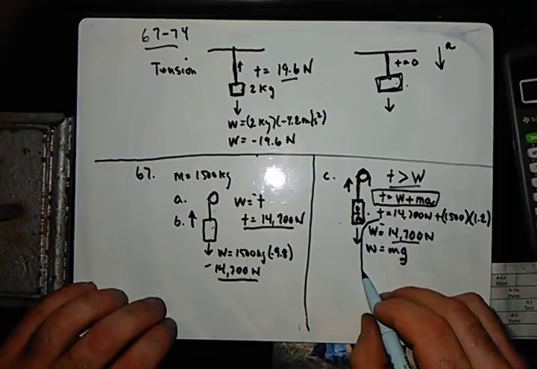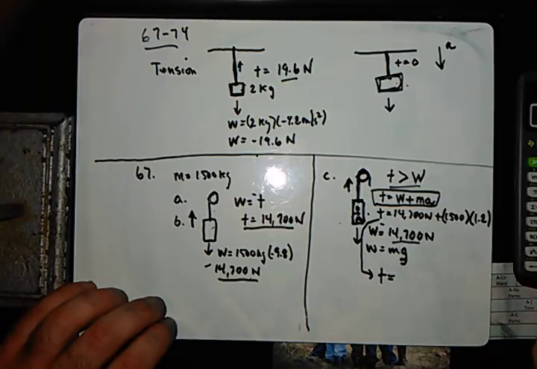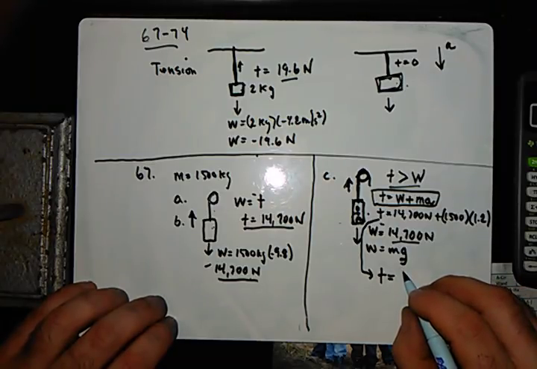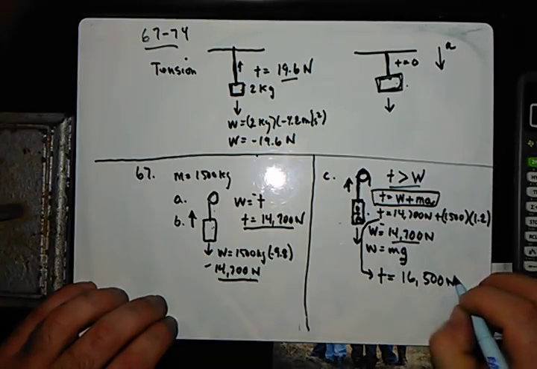So let's take this T down here. Tension in there is 14,700 plus 1,500 times 1.2, so the tension is 16,500 newtons.